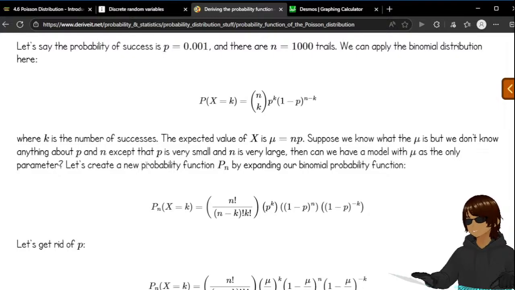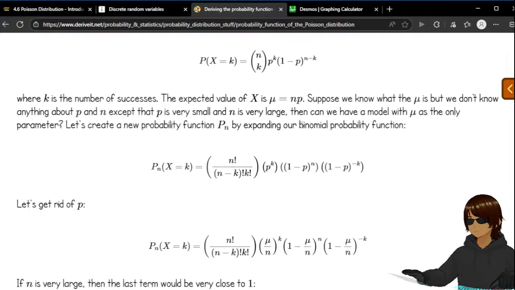Let's create a new probability function Pn by expanding the binomial probability function. So Pn, we have n factorial by the definition of combination, and I separated this: 1 minus p to the power of n times 1 minus p to the power of minus k.